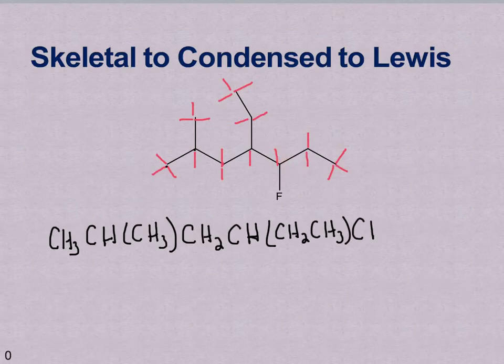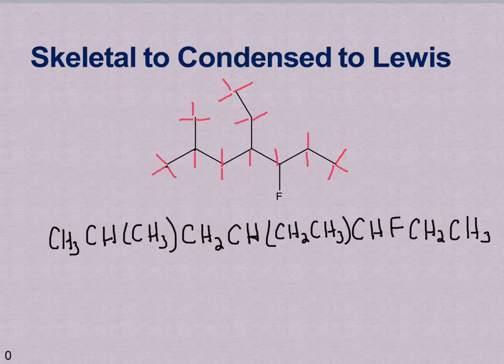So I have CH and F. I don't need to put parentheses around the F because that fluorine can only be a terminal atom. It could never be part of this chain. And then I go CH2, CH3. So now what I have is the entire structure condensed into this one big formula.